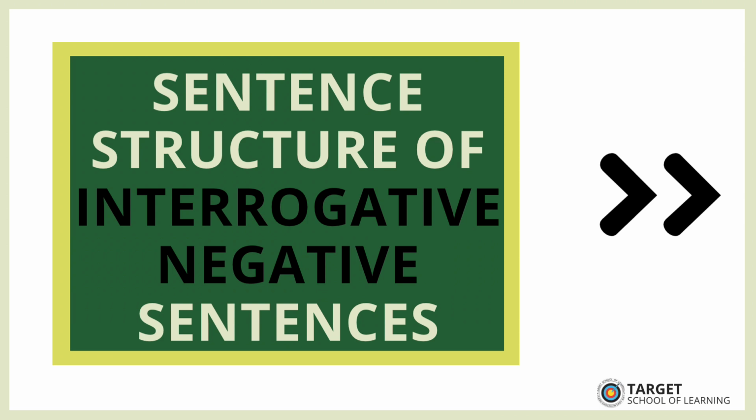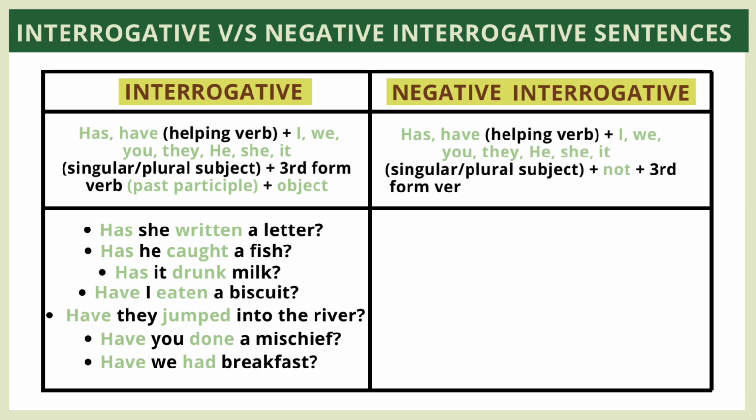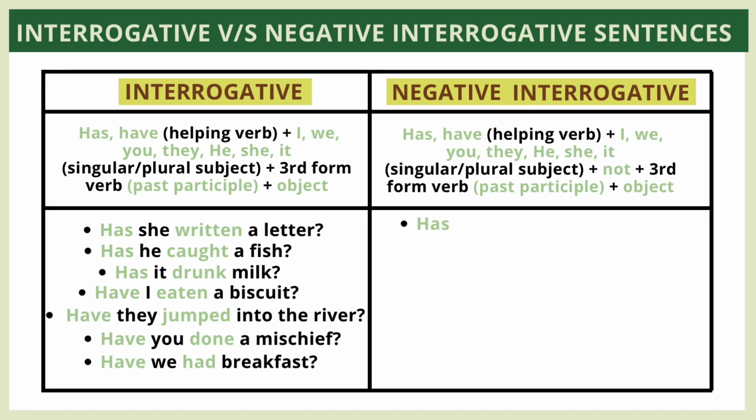Talking about the last, that is interrogative cum negative sentences. Here we add not to interrogative sentences to make them negative interrogative sentences. Look at the sentence structure of such sentences now. Helping verb has or have depending upon the subject to be followed by subject, then not, then past participle and the object at the end.